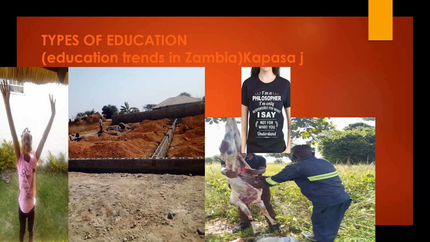So the system of education which was in place, in fact, during this time, is the beginning point for having a parallel education system, one for the whites, one for the blacks. Of course, schools for the whites were highly funded and highly equipped as compared to the ones for the blacks.